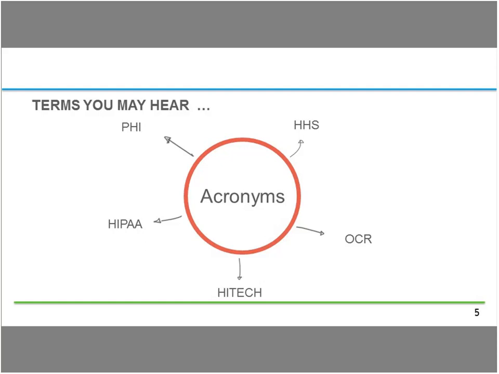OCR stands for Office for Civil Rights, and they are the enforcement agency of HHS who get involved primarily in the HIPAA audit. If there are any violations or settlements, OCR gets involved with HHS authorities on your particular case.